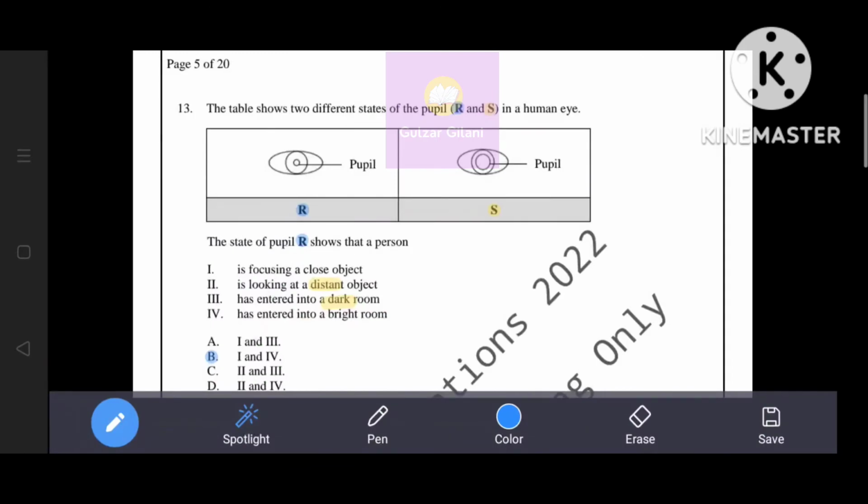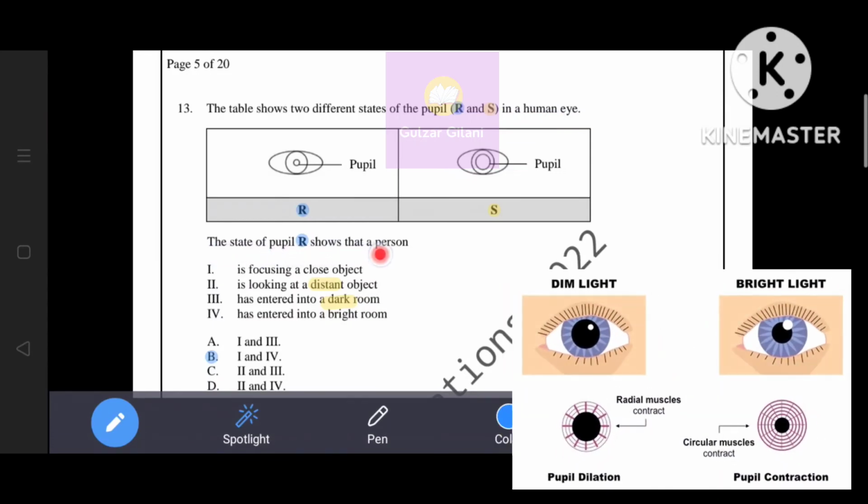Next question. The table shows two different states of the pupil R and S in a human eye. The state of pupil R shows that a person... as you know, pupil constricts in bright light and pupil dilates in dim light. यहाँ pupil क्या है? Constrict है और यहाँ pupil क्या है?